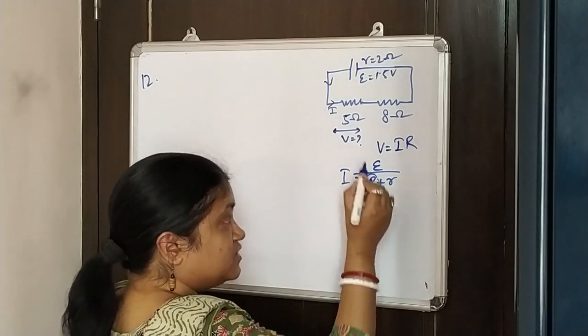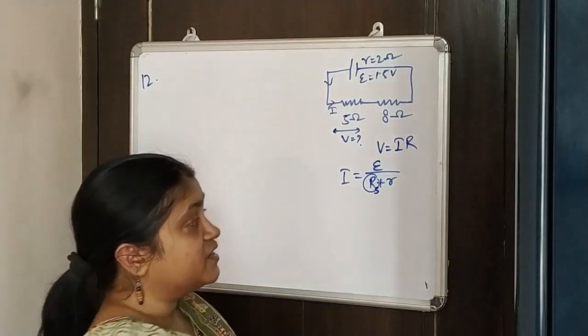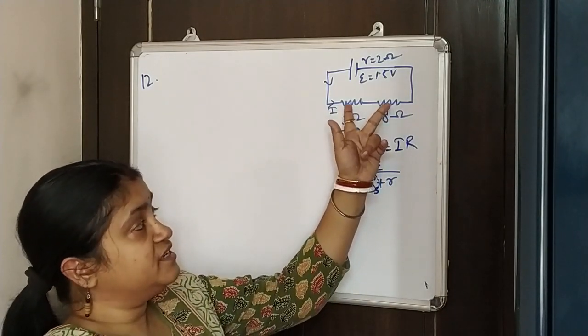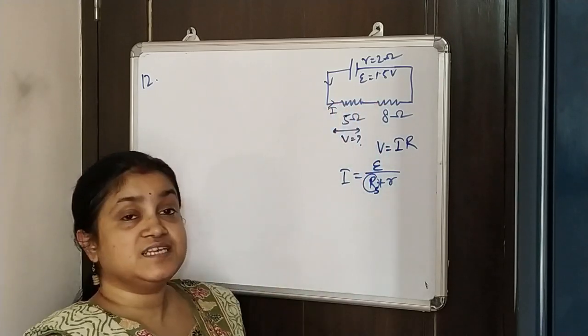What is this R? This R is the total R, so I can write it as RS, because the total R here is the equivalent resistance of these two resistances which are in series.